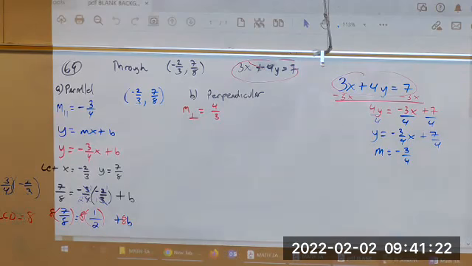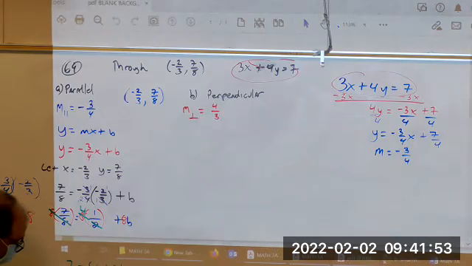So right here, 8 times 7 over 8, the 8 reduces, you just have a 7, equal to, 2 goes into 8 4 times, so this is 4 plus 8b. And subtract 4. 7 minus 4 is 3, equal to 8b. And then divide everybody by 8.